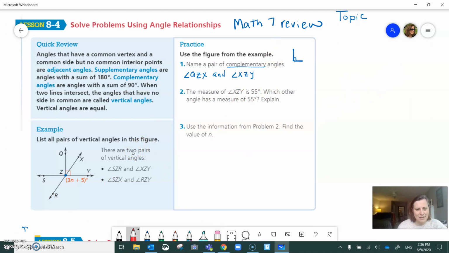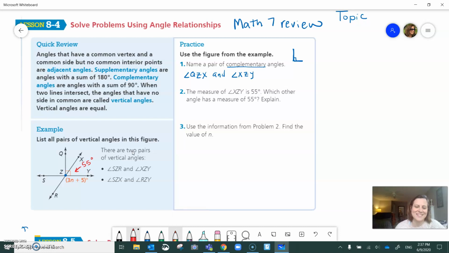XZY is this angle here. And they're saying that this angle is 55 degrees, and they want to know what other measure has an angle at 55 degrees.